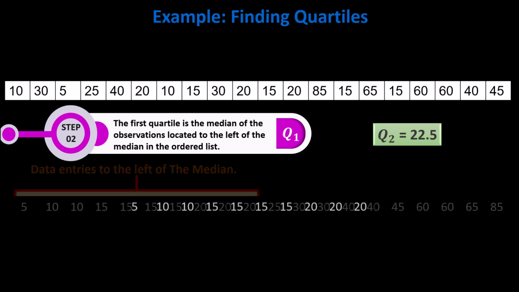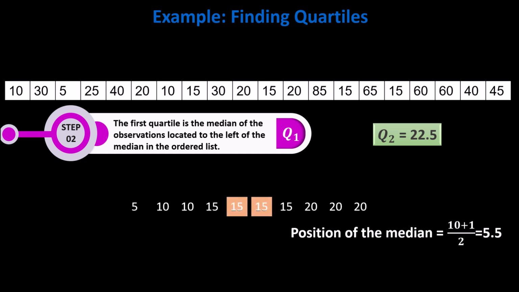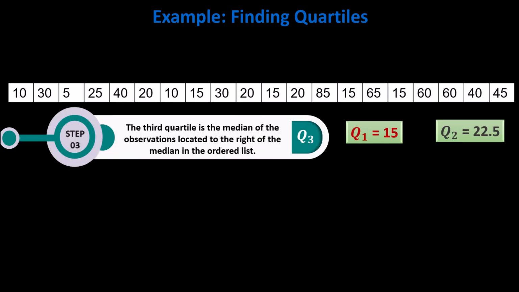Consider only that data, then find the position. 10 plus 1 divided by 2, that is 5.5. And you know the fifth and sixth data, get the observations and find the average, that is the Q1. Q1 is 15.